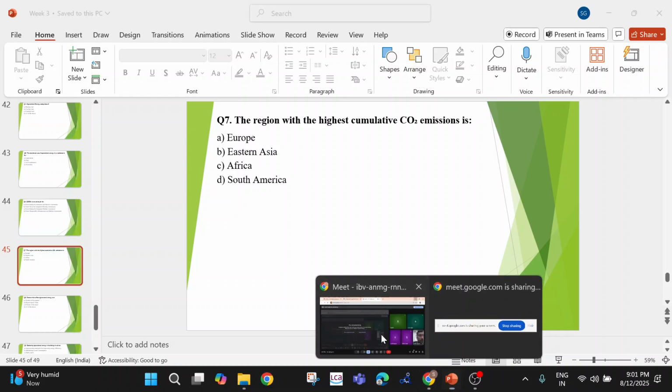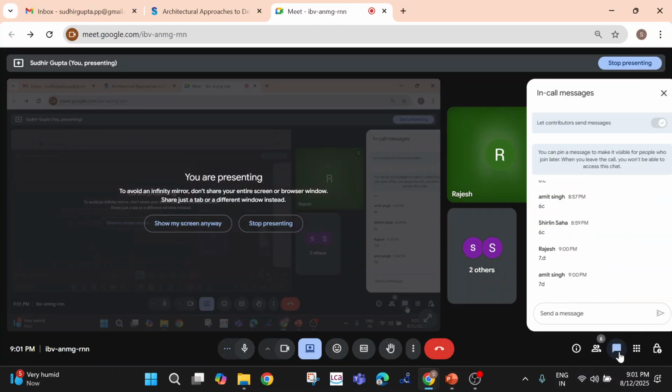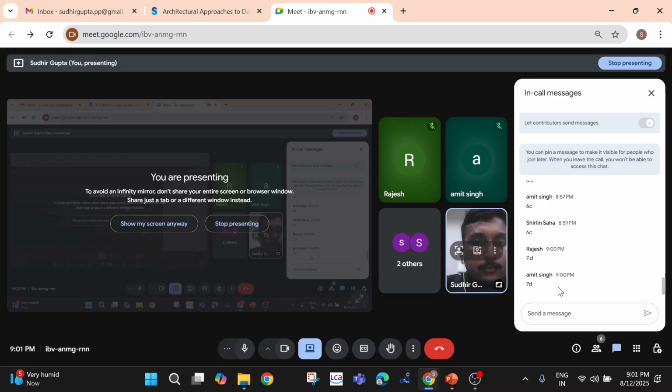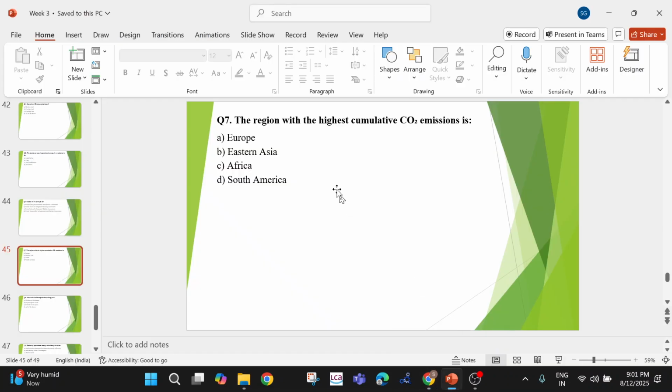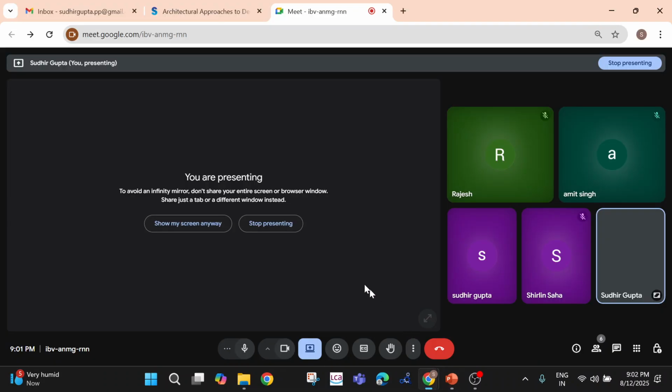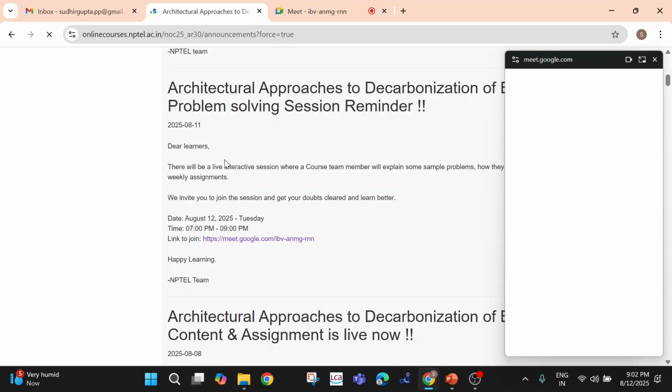As I can see, none of you have answered it correctly. So read the question carefully. It is talking about the highest cumulative CO2 emissions. Let me show you as well.